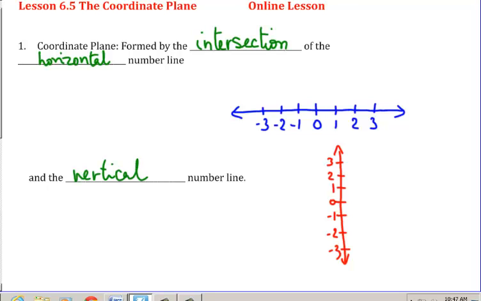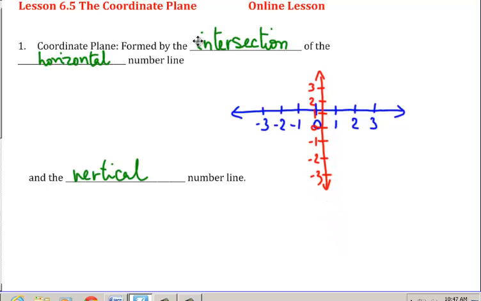So basically you're taking two number lines and you're making sure that they intersect, or they cross, at that point, which is 0. This makes the coordinate plane. This is what we call the coordinate plane.